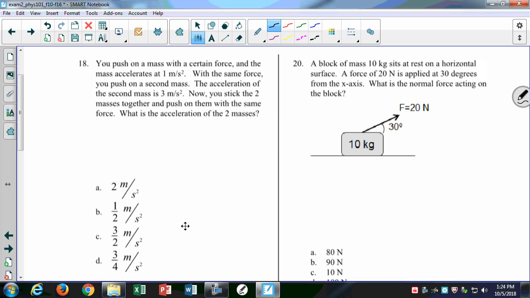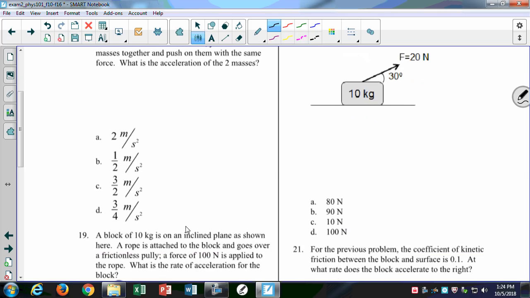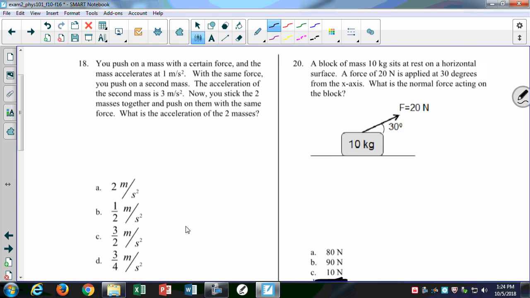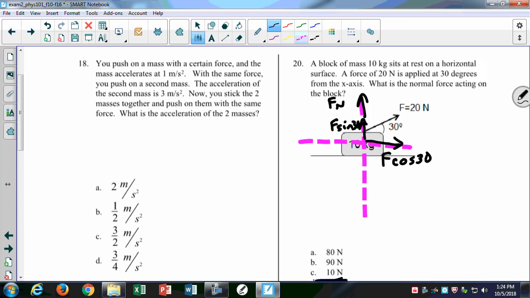Okay, this one's similar, but it's good to look at these. Here I wanted to know the normal force. First of all, I know the normal force is going to be less than the weight, and the weight is 100 newtons, so I can get rid of D. So it's either A, B, or C. Draw my coordinate system and my forces. I resolve this force: F cosine 30, F sine 30, Fn, and Fw.